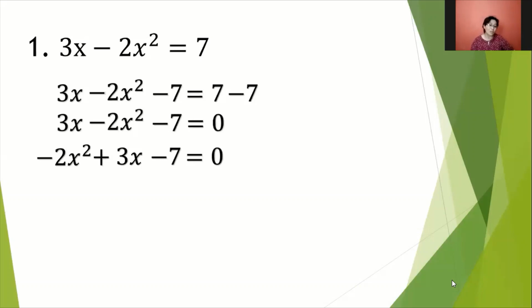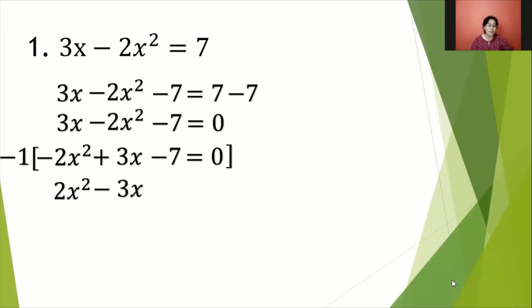In order to change the sign of the quadratic term, we have to multiply the whole equation by negative 1. Negative 1 times negative 2x squared is equal to 2x squared. Negative 1 times positive 3x is equal to negative 3x.